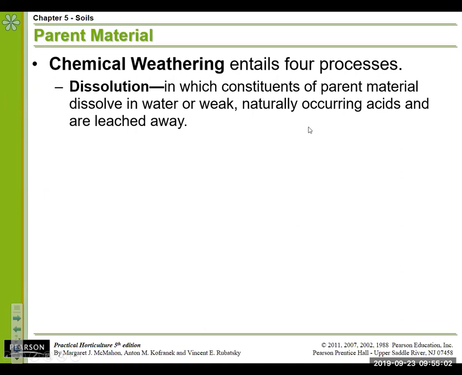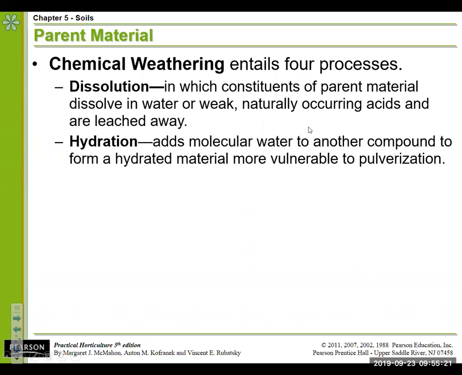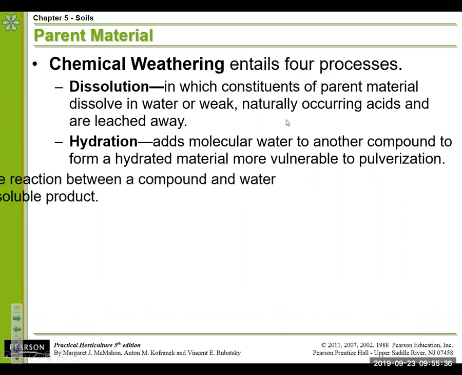Naturally, it just has some more hydrogen ions in there, making it a little bit more acidic and causing it to leach away, picking up some of the actual molecules in the rock and replacing them with other molecules through this chemical process of dissolution. We also have hydration, where we're adding H2O, molecular water, to some other compound to form a hydrated material, which then becomes more vulnerable to weathering.